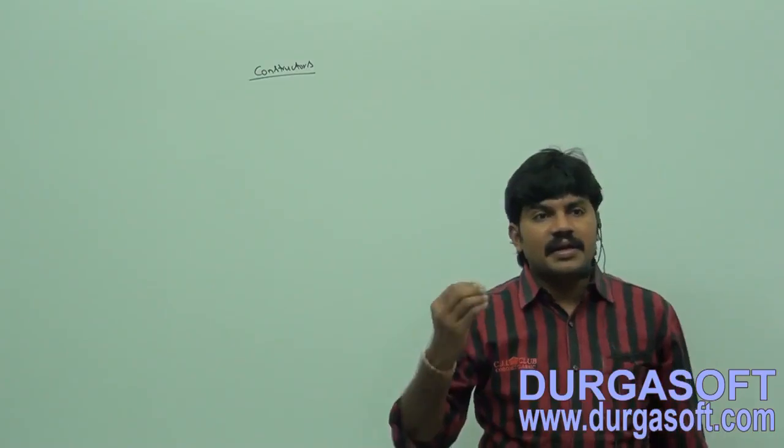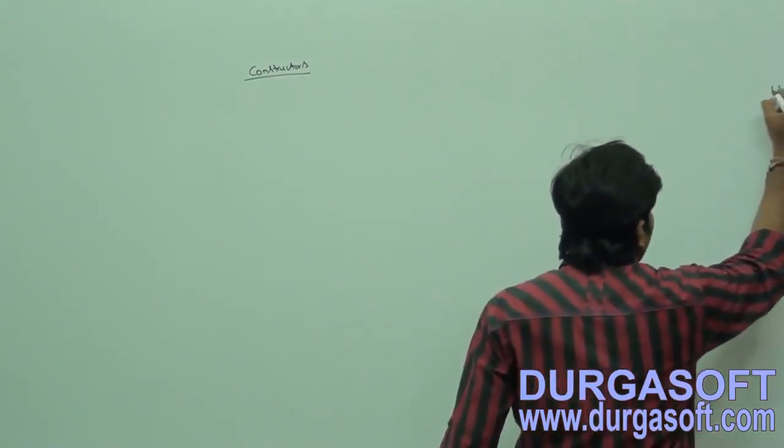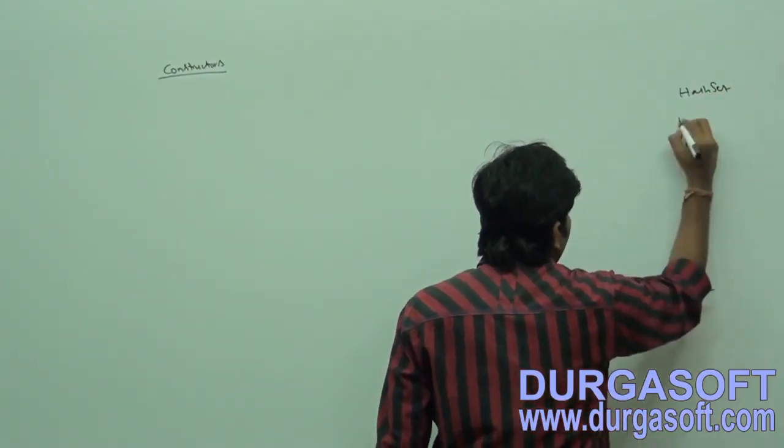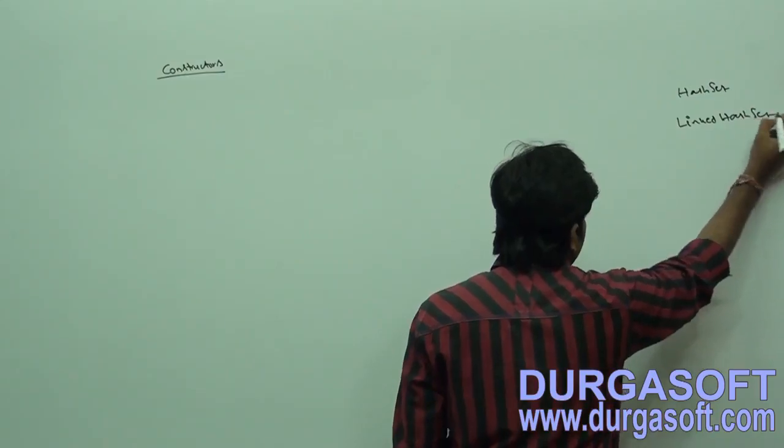In our collection framework there are several hashing related data structures. We have HashSet and LinkedHashSet.